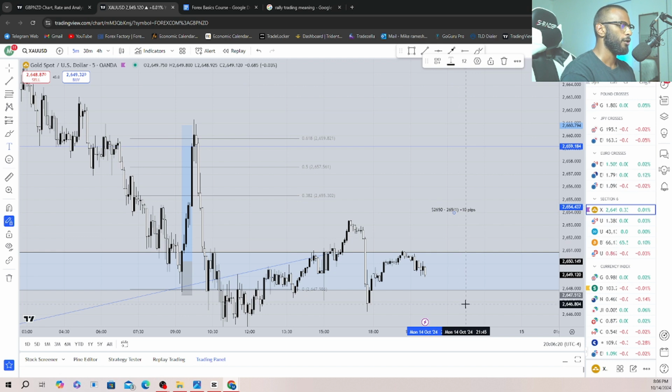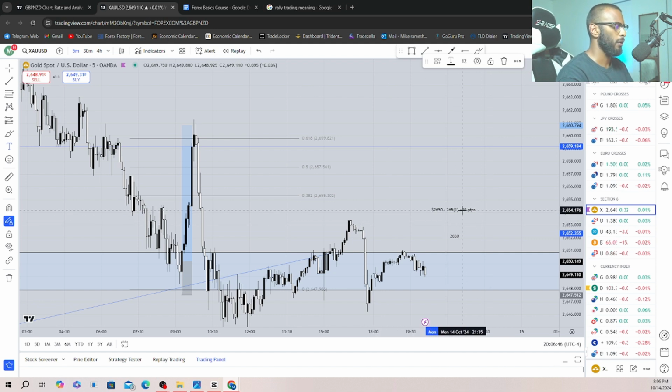Okay, the fourth digit in the first section of numbers represents 10 pips. So if we go from 26.50 to 26.51, we just went from $2,650 for 1 ounce of gold to $2,651 for 1 ounce of gold, which will literally be 10 pips. Now, if we were to go up 100 pips, it would be 26.60.